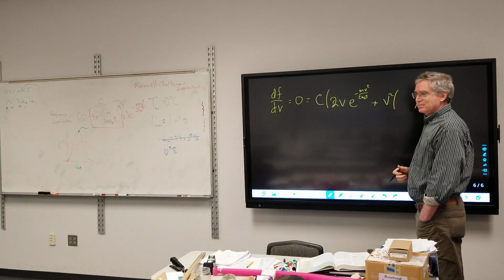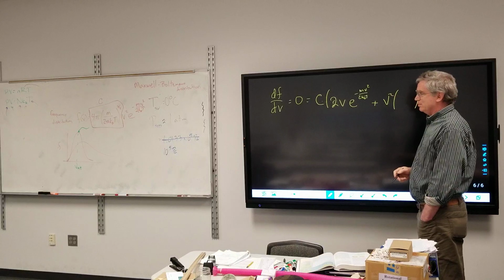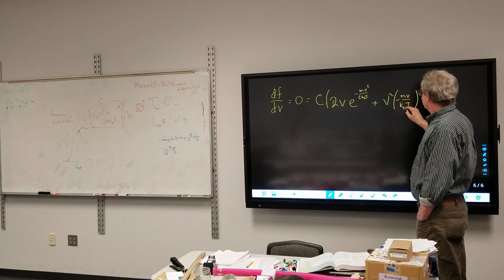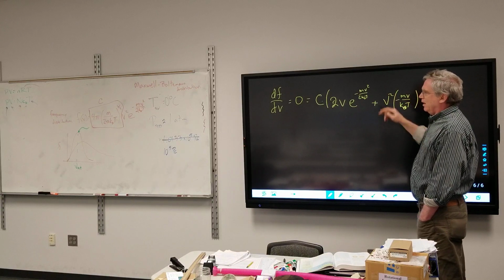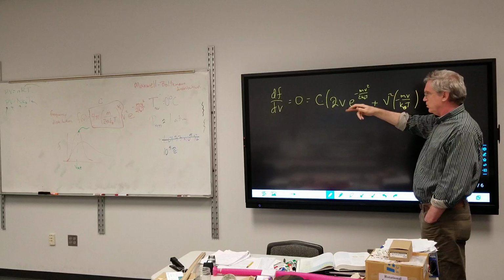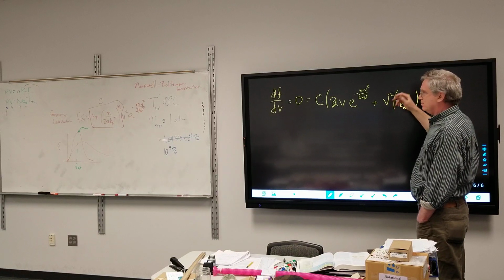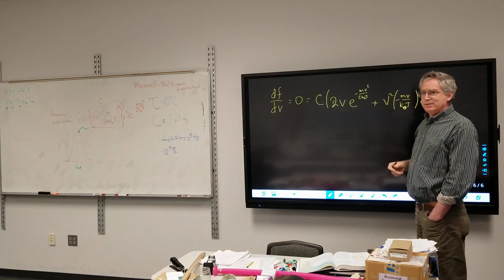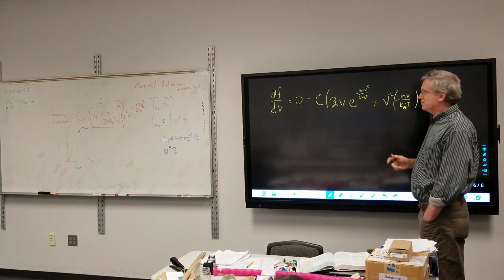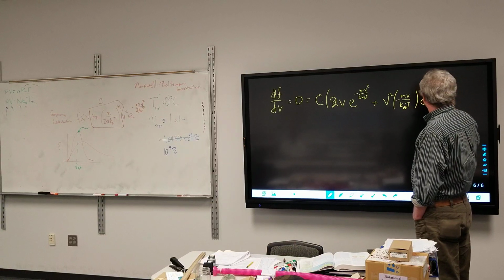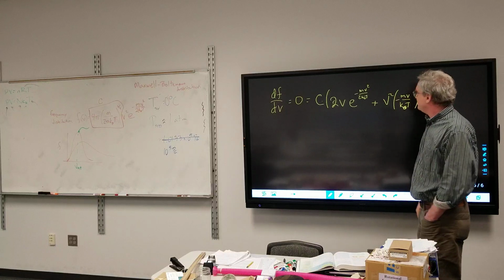Derivative of the inside, which is negative mv over k_BT. The 2 comes down and cancels out with the 2 that's already there. All right, then times the derivative of e to the something, which is just e to the same something, negative mv squared over 2k_BT.